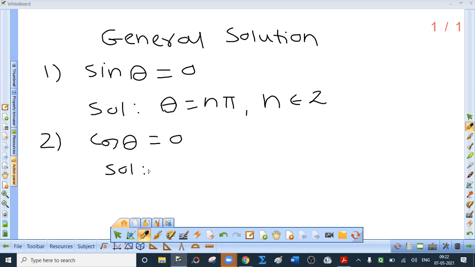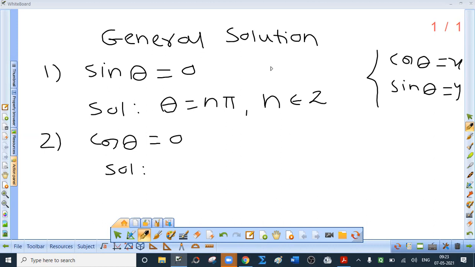What am I doing? I'm sorry. See, here only I'll write: cos theta is nothing but x, and sine theta is nothing but y. Okay. From the beginning, sine theta is 0 means y is 0, and y is 0 if the point lies on the x axis.